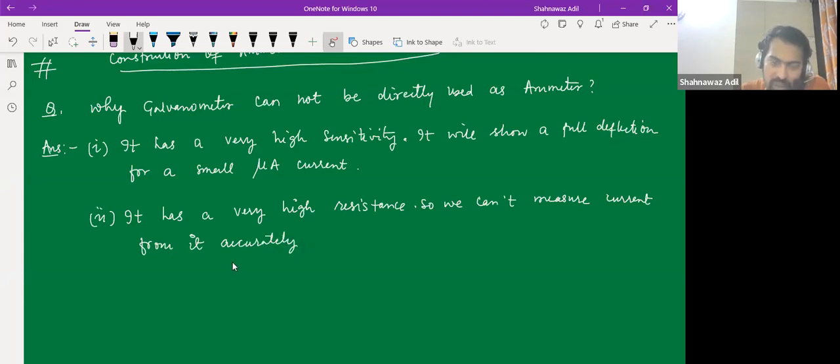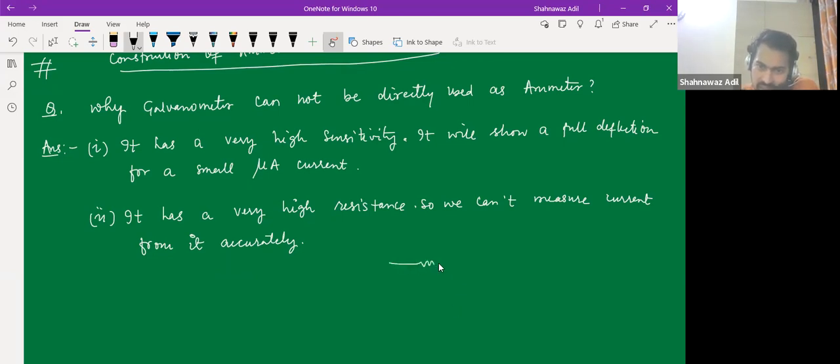Why is that so? If you want to measure the current, how will you connect the device, in parallel or in series? In series, right, because in series the current is the same.